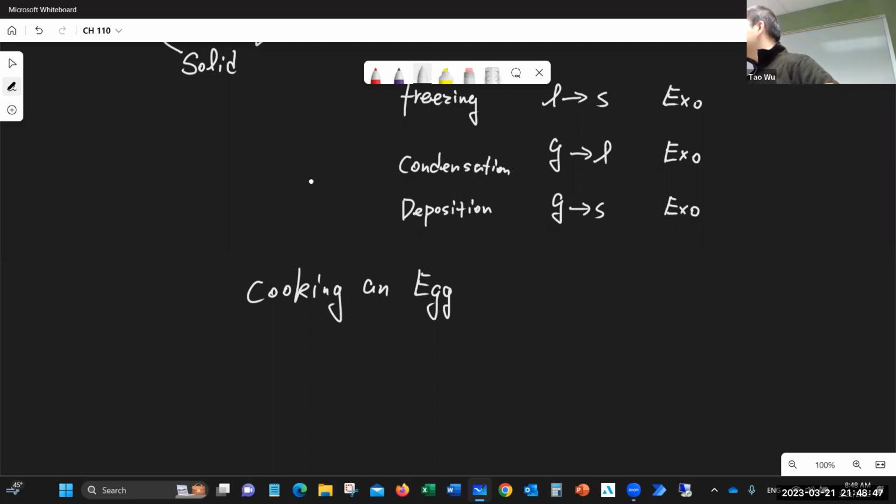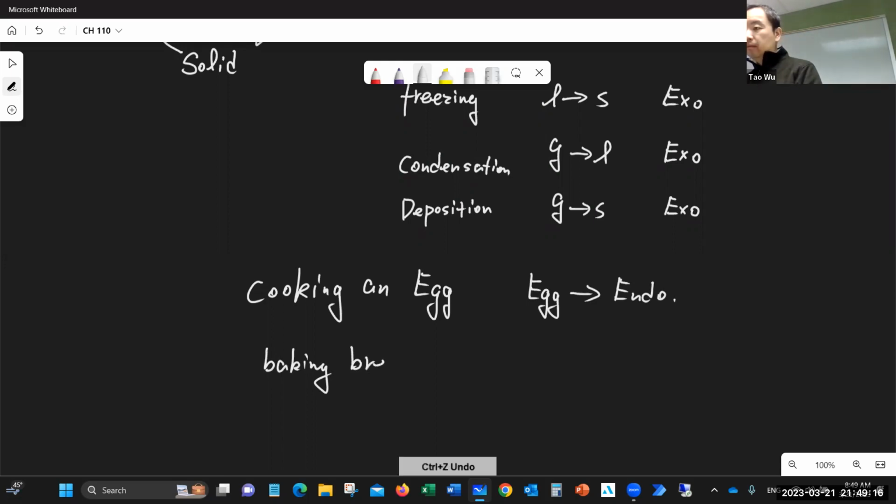So when you cook something, it must be an endothermic process, because you're heating up those things, unless you're making salad. Or if you're baking bread, the bread is also endothermic. I think this is pretty much it for the processes.